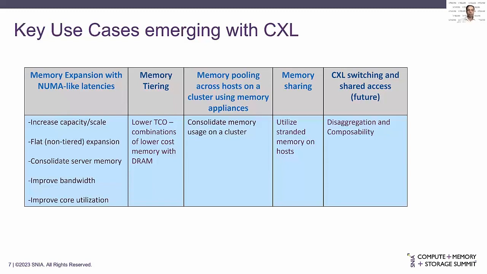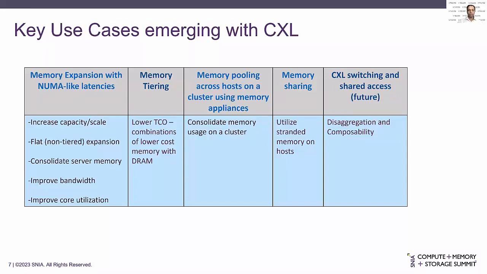It can also help improve bandwidth for some bandwidth hungry applications. So we know that in some platforms at least, the bandwidth is a concern. We have a limited number of memory channels, for example. CXL does provide that extra bandwidth where we are able to utilize any hogging of bandwidth that's already been done by other applications.